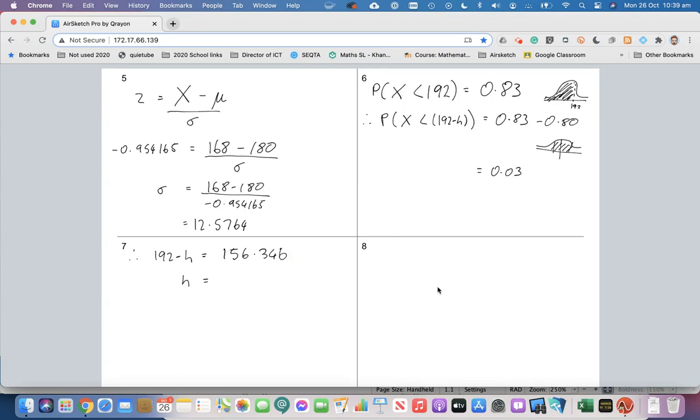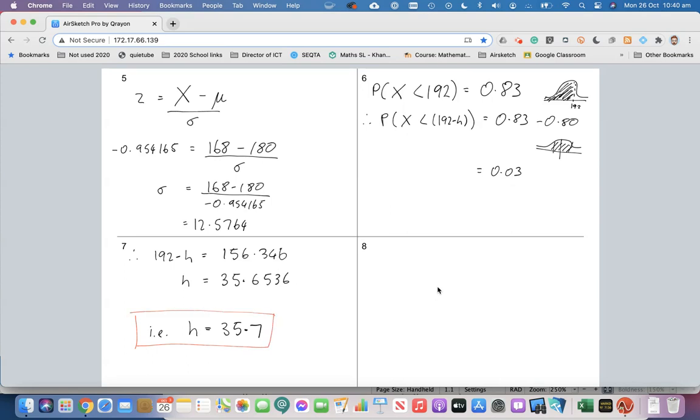And this is pretty standard basic manipulation. Use your calculator if you need to work out that h is equal to 35.6536. And we need to have it to 3 significant figures. So I'll say h equals 35.7. And that is the final answer.